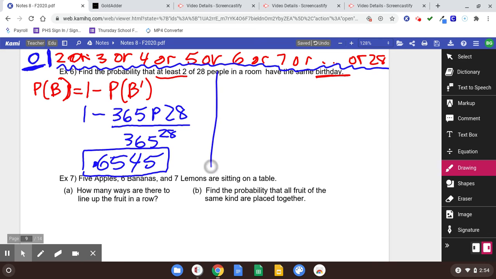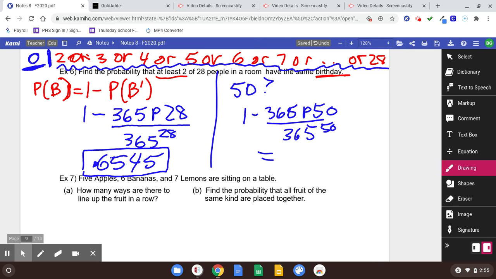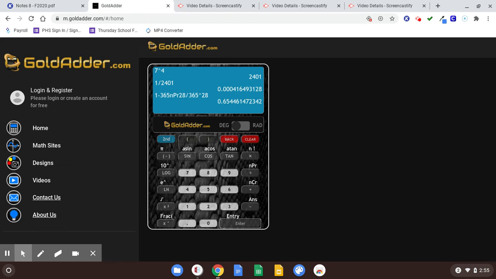So, you know, what if there were 50 people? If there were 50 people, you would do 1 minus 365 P50 over 365 to the 50th power. Whatever that is, I bet that's really, really high too. Let's see if it'll work. 1 minus.